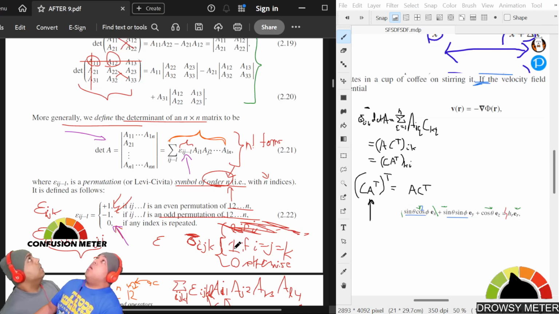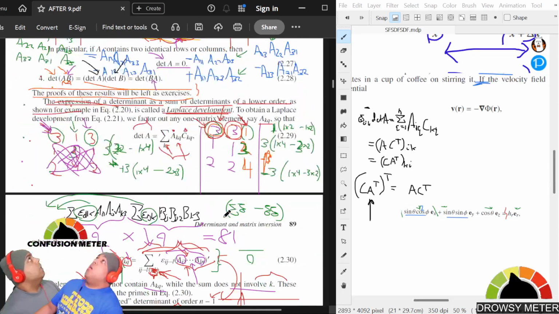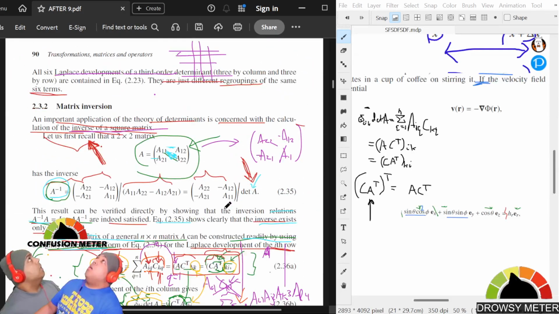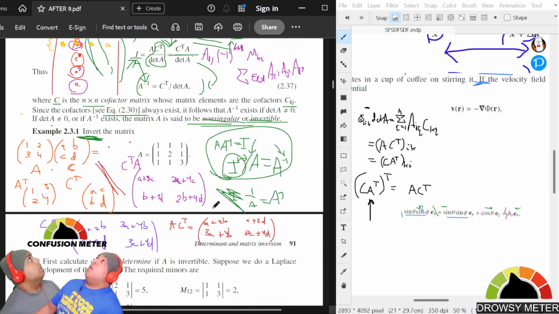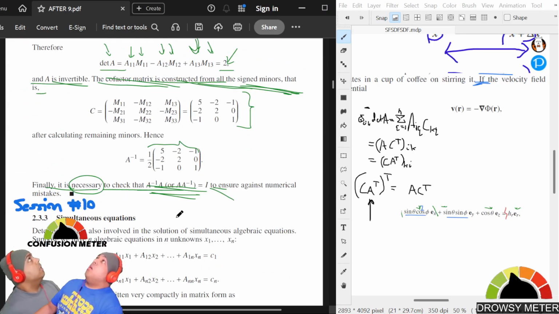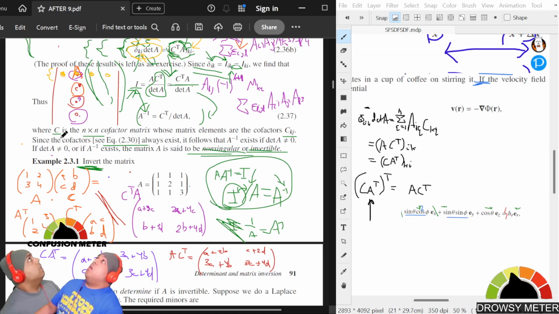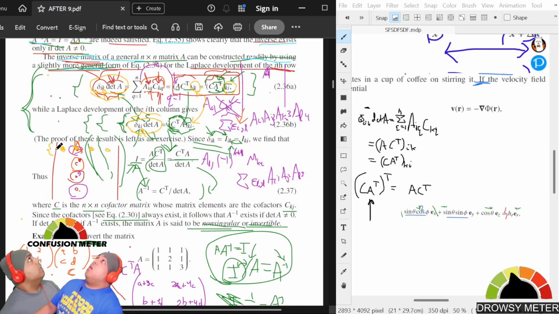Determinant of A. Okay, well, let's just continue. Maybe afterwards I'll ask a bunch of questions to Google. Where were we? While the Laplace of the i column gives this, we wrote these results.